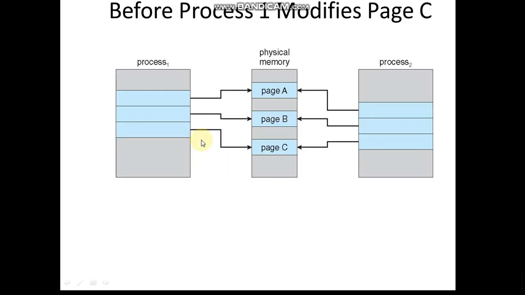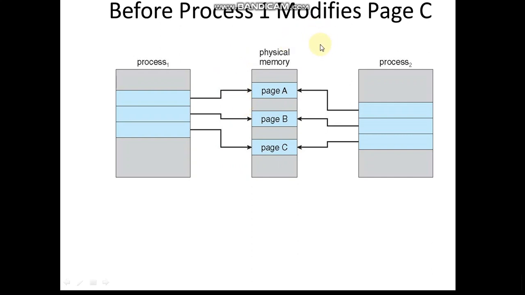I'll show you one example here. Say you have process 1 and process 2, one of them a parent and the other a child process. They initially share these 3 pages, which I have named page A, B, C. Only a single copy of these pages is created.